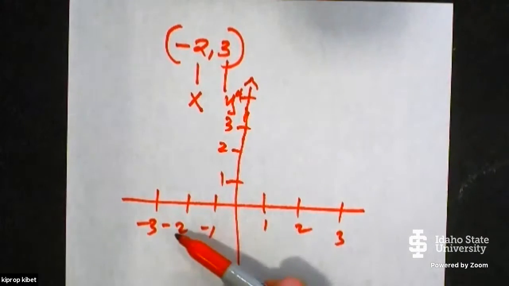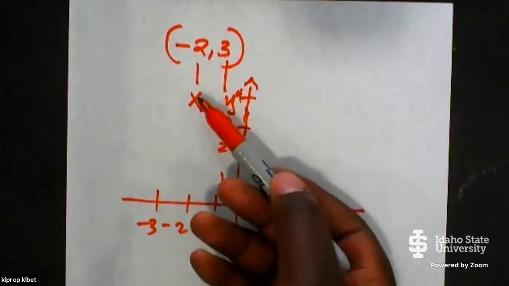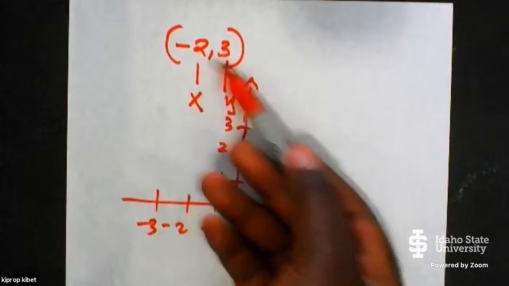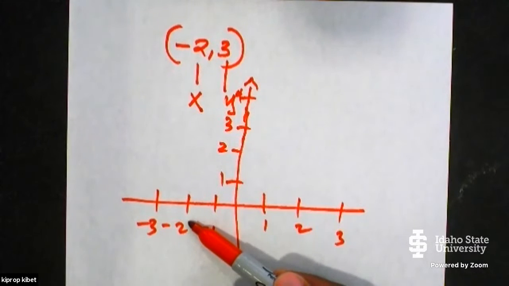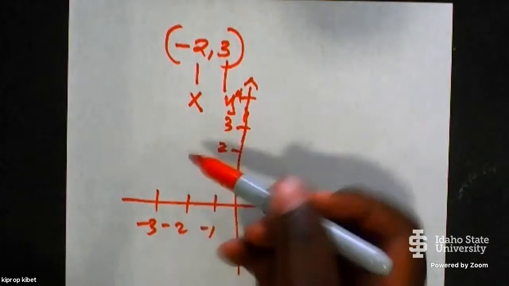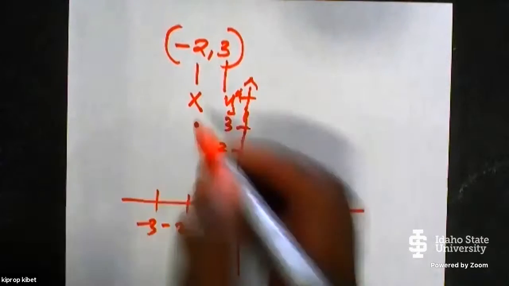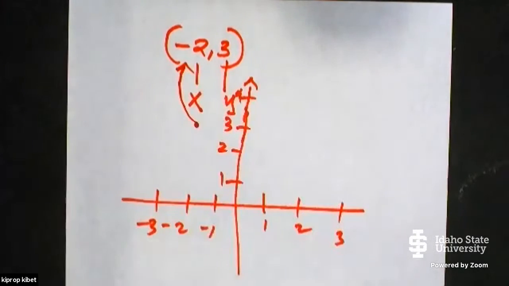So it is -2, okay? You need to know this is the ordered pair x, y. You look for the value of x, which is -2, and then you go to the point where y is. So that one is our point.